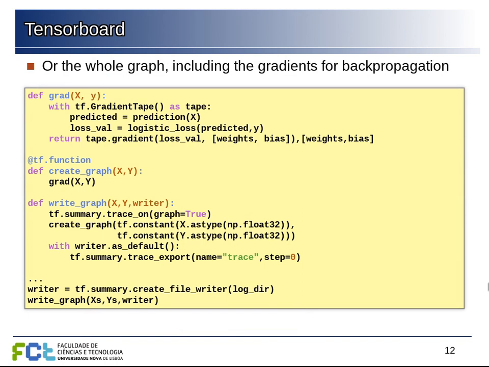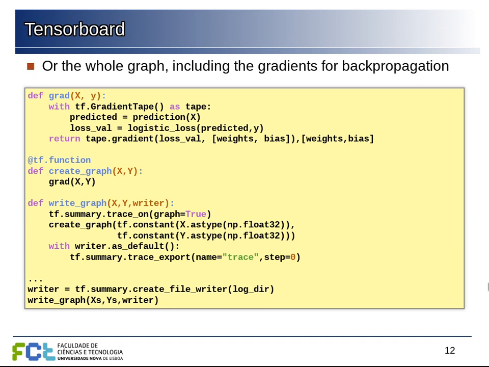Now we can also include everything, including the gradients for backpropagation. Remember this function that we created that passed the examples through the neuron to compute the prediction, then the logistic loss, and did this inside the gradient tape to create the graph with all the derivatives.